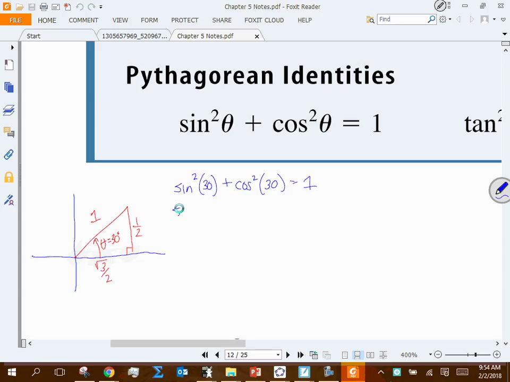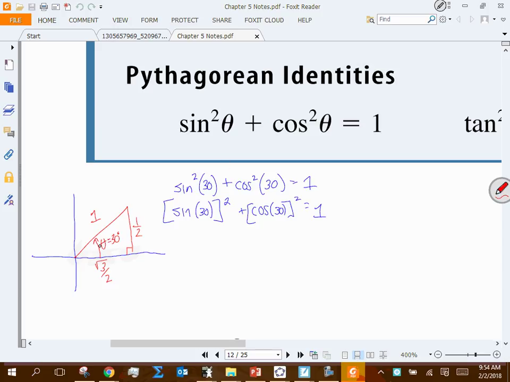Now that really means this: sine of 30 squared plus cosine of 30 squared is equal to 1. Okay, this power of 2, we'll talk about that. We're going to run out of time today, but that notation is important. We'll talk about that soon.